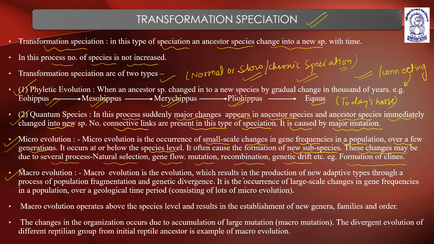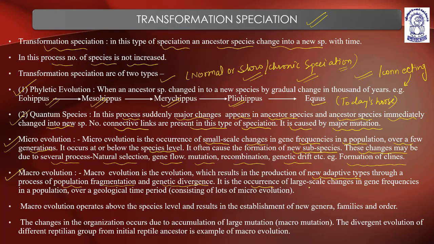Macroevolution is the evolution which results in the production of new adaptive types through a process of population fragmentation and genetic divergence. So the phenomena which lead to macroevolution mean major changes, which result in new adaptive types through population fragmentation. A large group of the population gets fragmented because of any of the reasons, and they undergo genetic divergence.